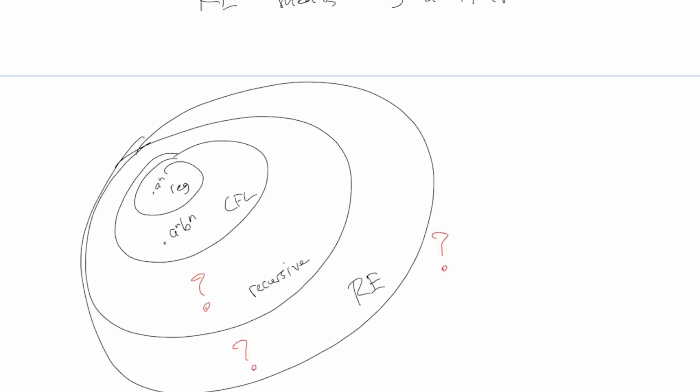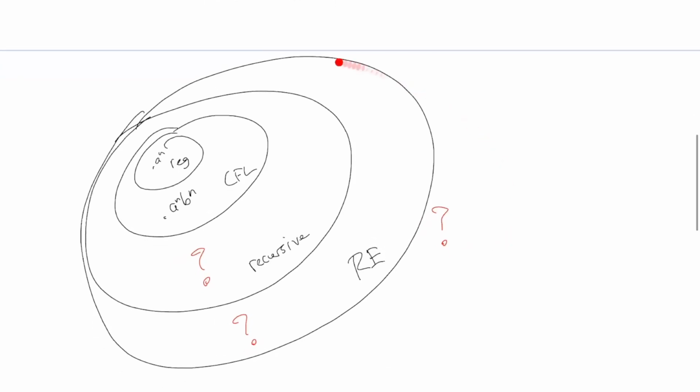So my large-scale goal for the rest of the week is to talk about languages in each of these three categories. But before we get to that, I want to say which of these categories corresponds to what we generally think of as useful computing machines. It would be this recursive category here.